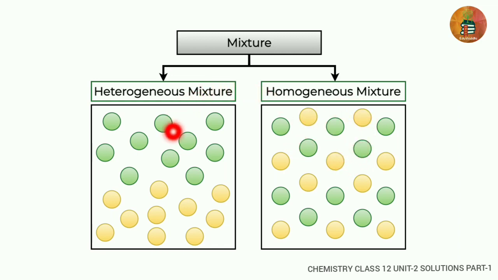The mixture in which there is no uniform distribution of the components, or the composition is not uniform, is called a heterogeneous mixture. So what is a heterogeneous mixture? It is a mixture in which the composition is not uniform throughout. But a homogeneous mixture is a mixture where the composition is uniform throughout the mixture.